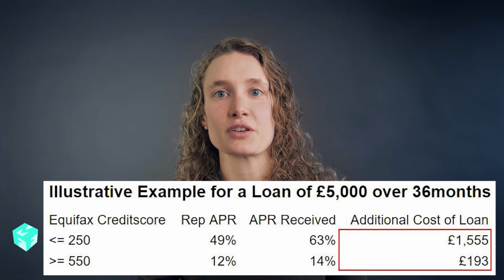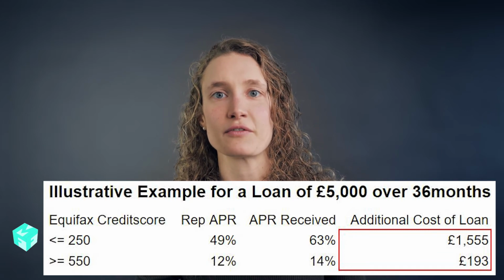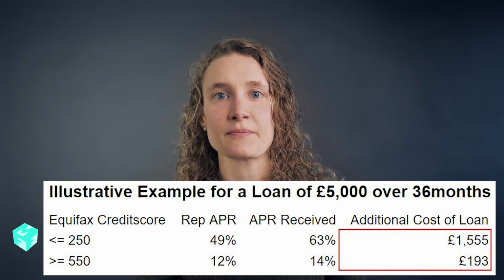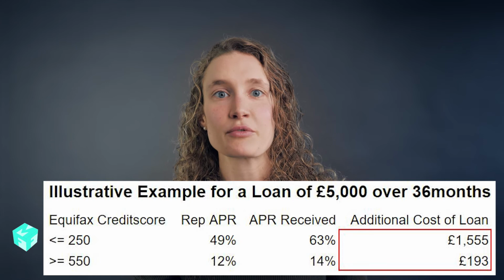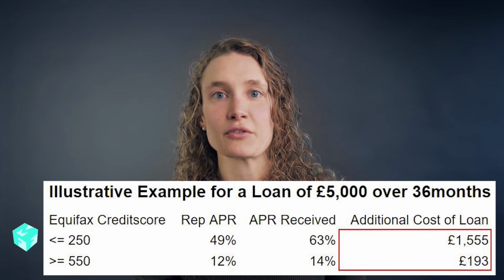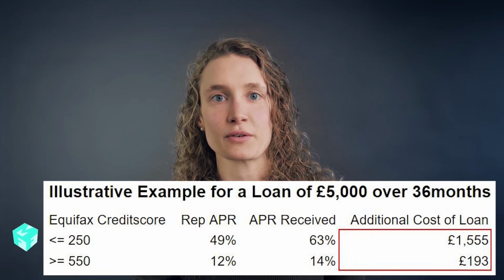ClearScore data has shown that users with a credit score of less than 250 were, on average, offered a representative APR of 49%. But the APR they actually received from lenders following an application was 63%. This meant they would end up repaying an extra £1,554 on top of their loan.